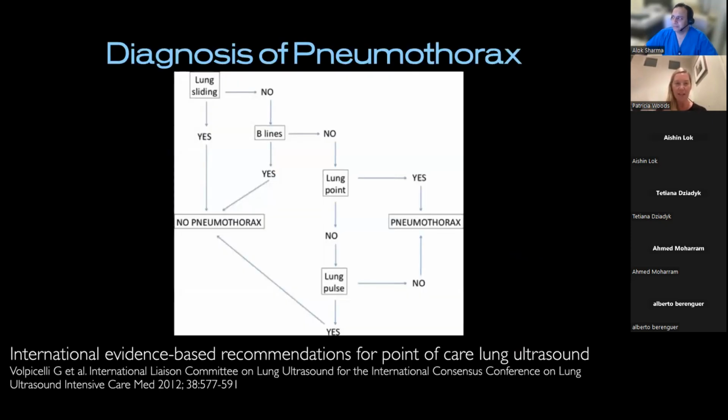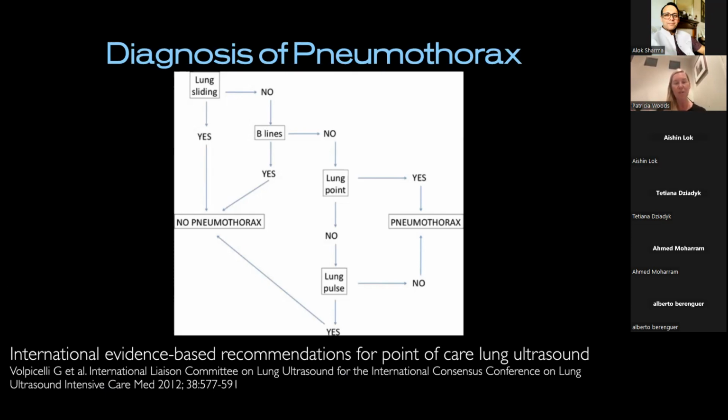And even though this slide takes us back to 2012 with the international recommendations about the use of lung ultrasound, it gives a really nice, simple framework that you can apply clinically when you have an image and a baby before you and you're trying to answer the question: could there be air leak present?